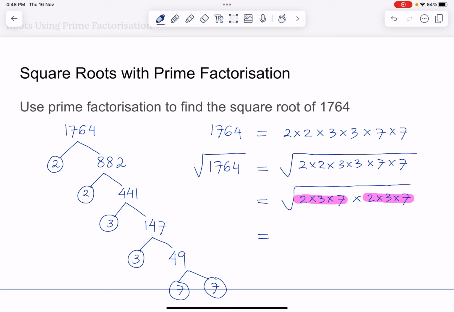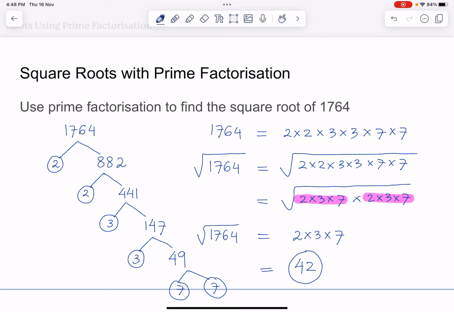So the square root of these numbers multiplied by itself obviously is just the number which we have in the beginning. So I hope this makes sense to you that now we have the square root of 1764 is basically 2 times 3 times 7. So meaning 2 times 3 is 6 times 7, that's 42. So I hope this makes sense to you.